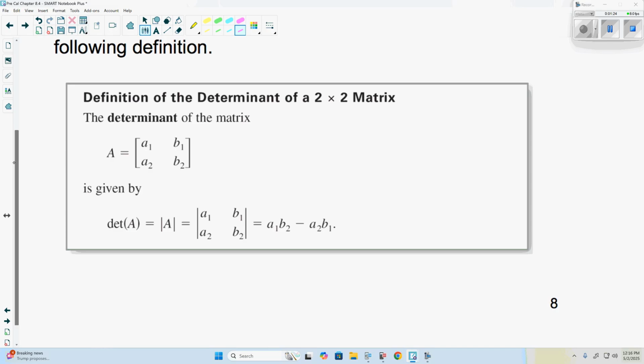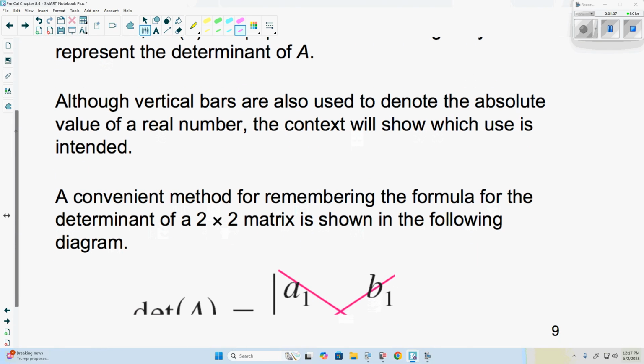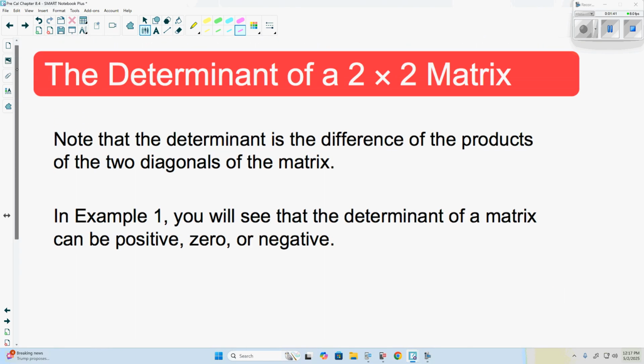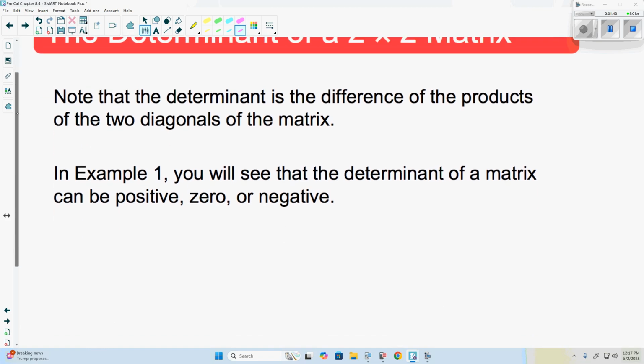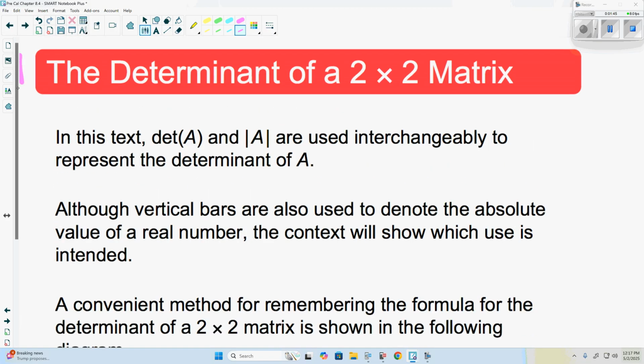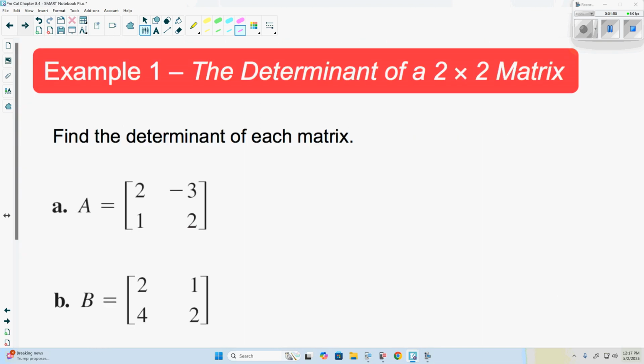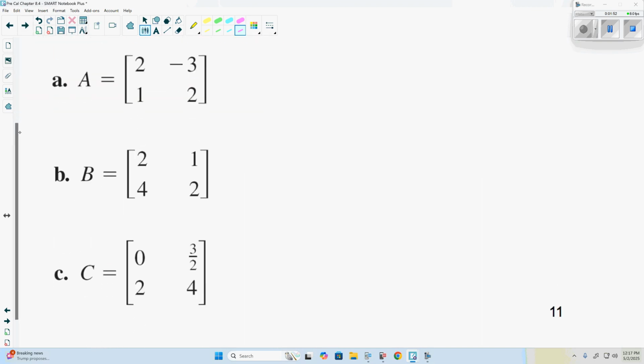The determinant of a matrix A, with absolute value bars, is understood to be a determinant: A1, B2 minus A2, B1. Although various numbers, we can have this cross determinant. Determinant of this here, positive, negative, 0.